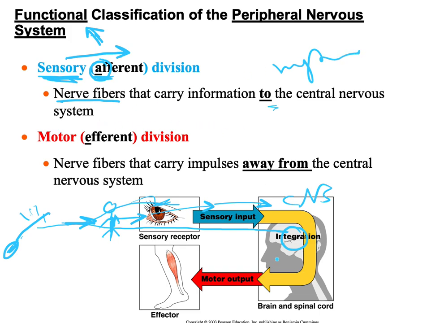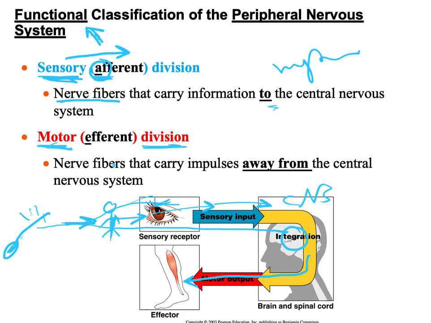On the other hand, there are other nerve fibers, but their function is to carry the message, the impulse and the order from the central nervous system to the peripheral. So they are nerve fibers related to the motor division.